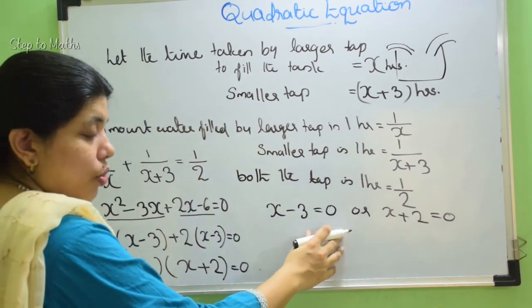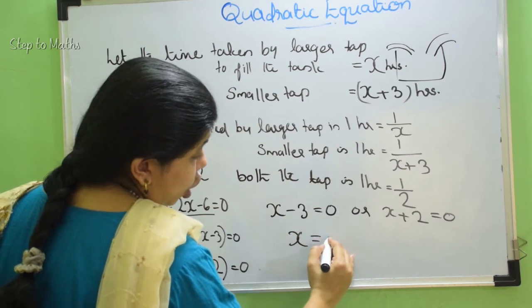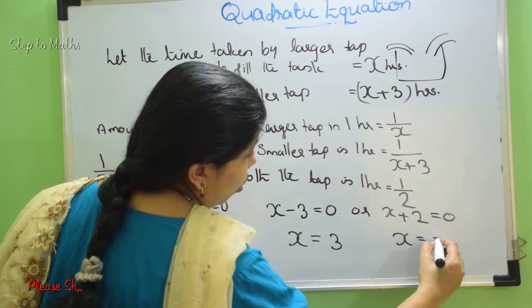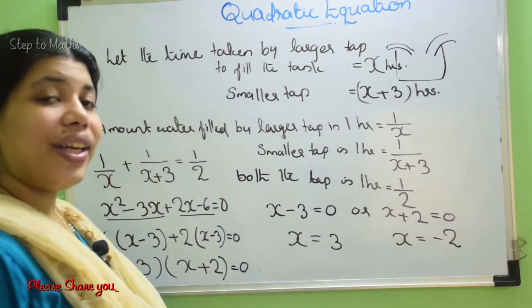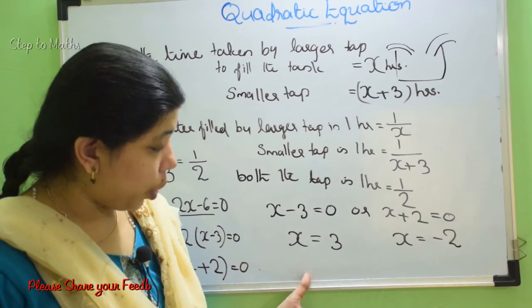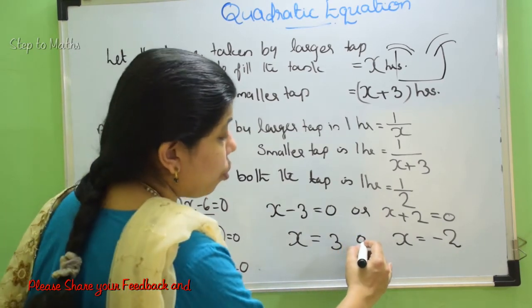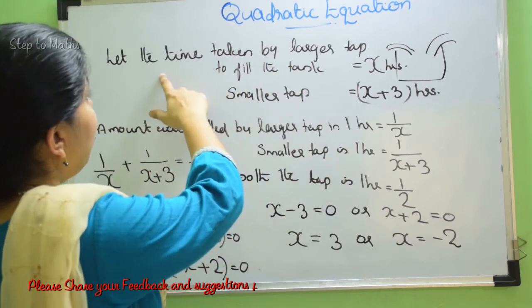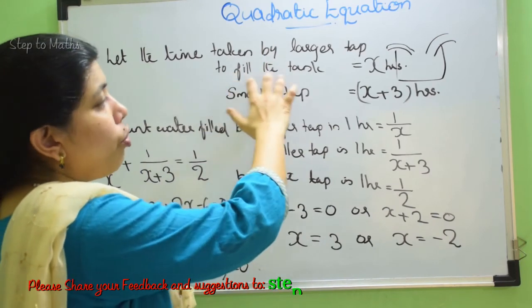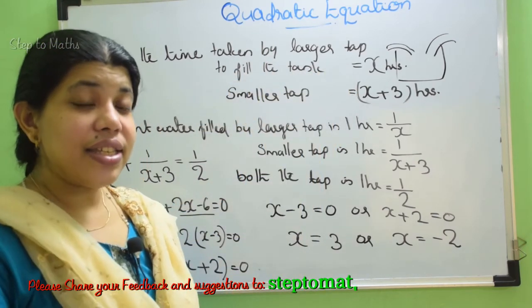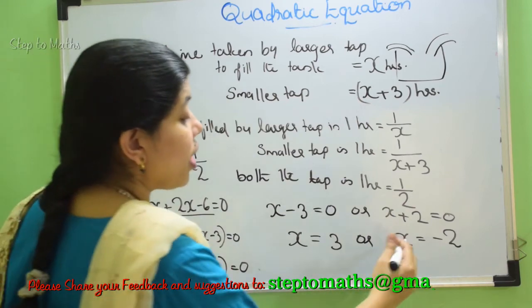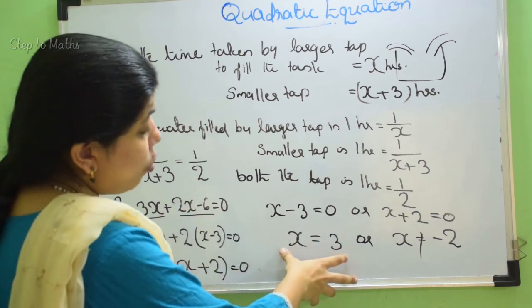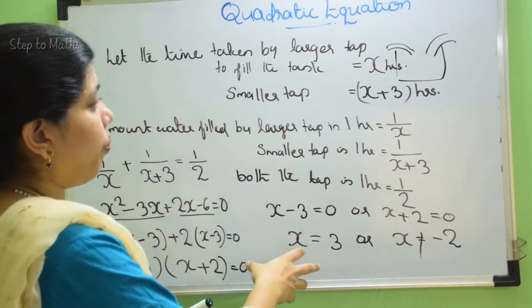So x equal to 3, or x equal to minus 2. Here x is the time taken by the larger tap to fill the tank, and time cannot be negative, so x is not equal to minus 2. We take the positive value x equal to 3.